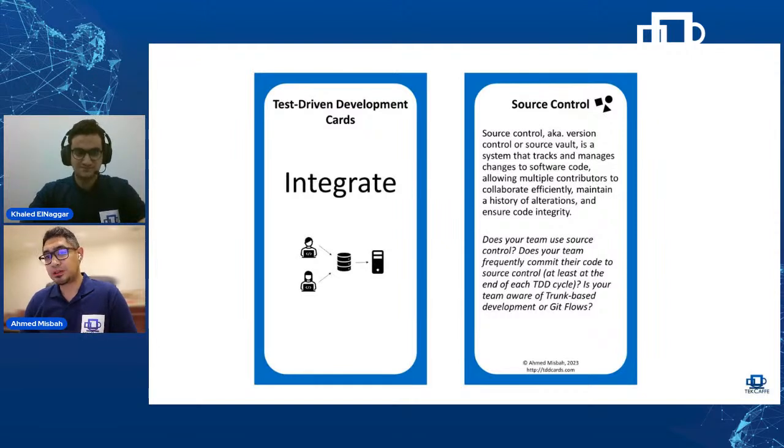This is what the integrate phase is all about, okay? It guides developers to push their code to source control every time they finish a red-green-refactor cycle, okay? And you get many benefits of that, okay?